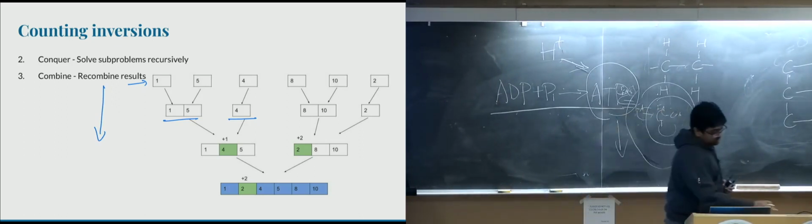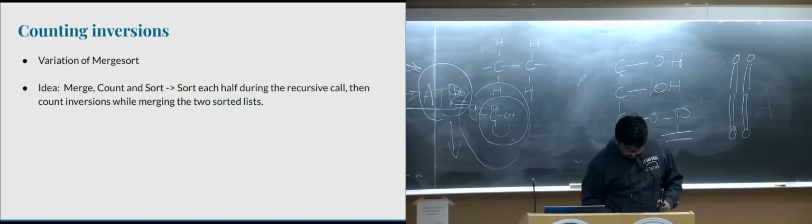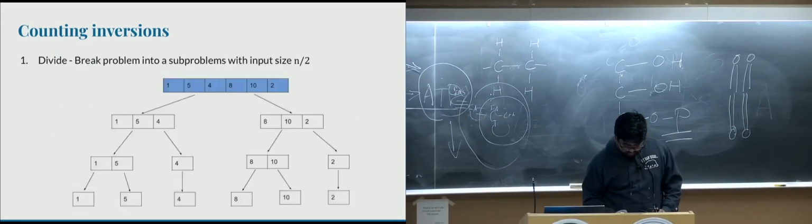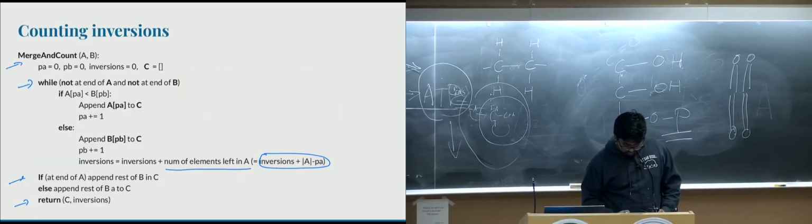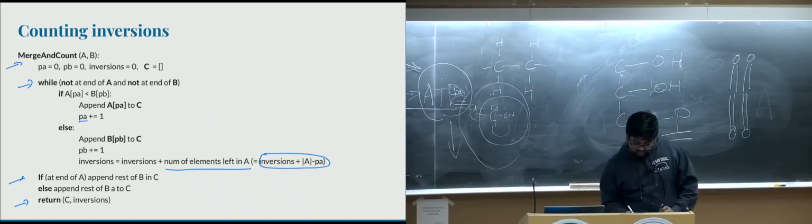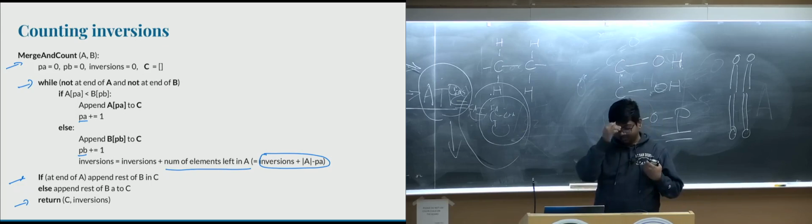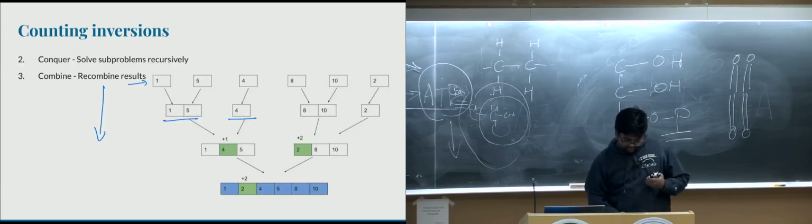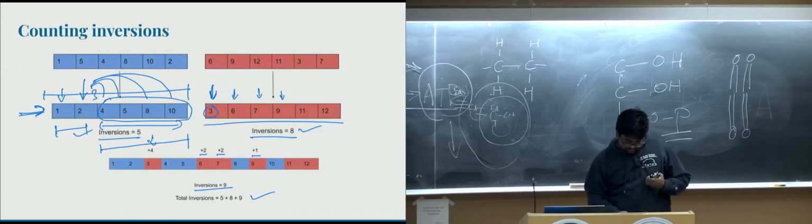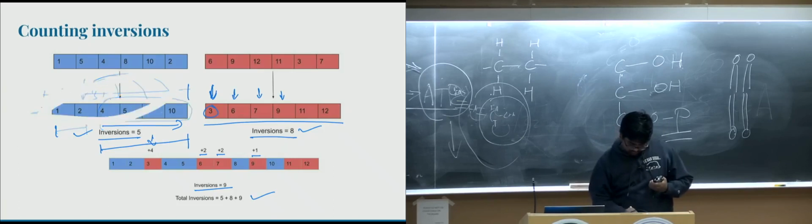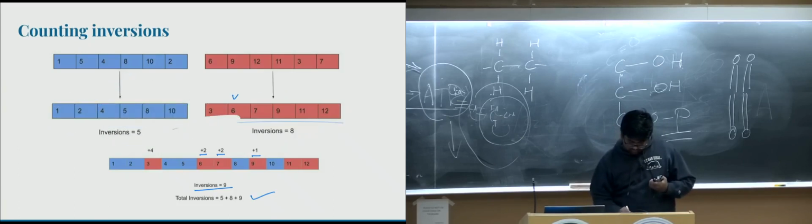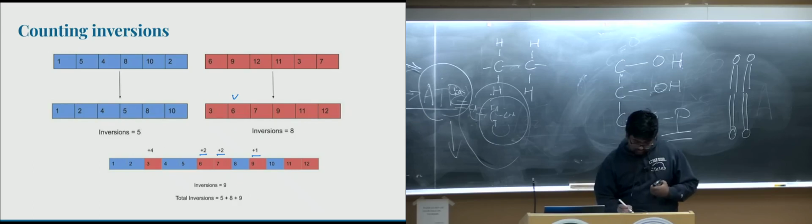PA and PB, these are the indices. Let's take a look at this here.